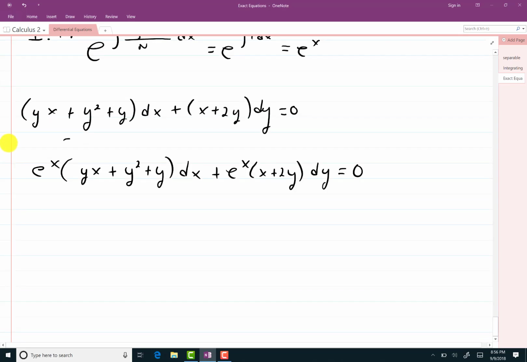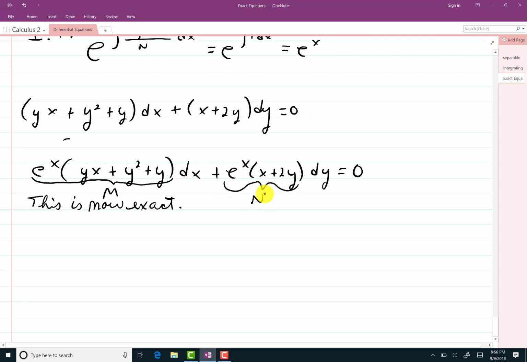Now, this is now exact. Because if I take this derivative with respect to y, the e to the x is a constant. This right here is my new M, if you will. This guy right here is my new N.